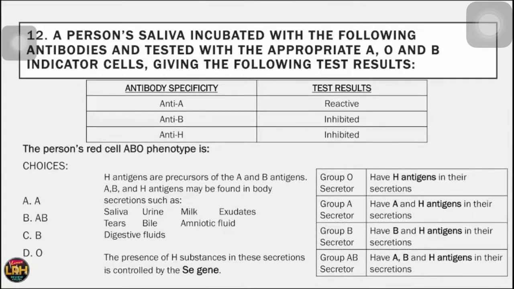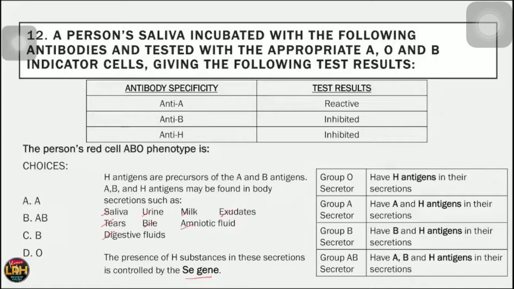We can recall that H antigens are precursor of A and B antigens. A, B, and H antigens may be found in the body secretions such as the saliva, urine, milk, exudates, tears, bile, amniotic fluid, and digestive fluid. The presence of these substances or H substances in the secretions is controlled by the SE gene.